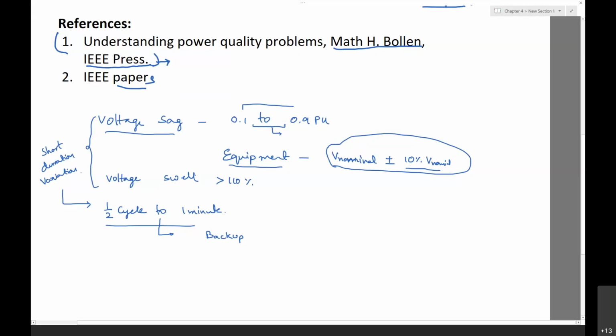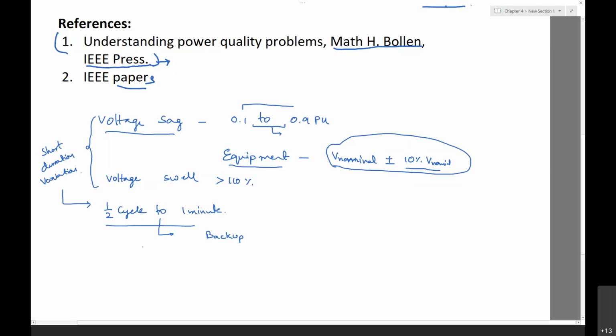We cannot say how the equipment is going to operate when we have voltage sag and voltage swell. We can't even predict the performance of any individual load with this voltage sag and swell of half a cycle to 1 minute duration.